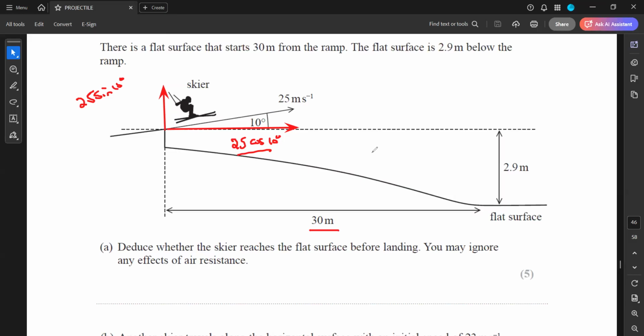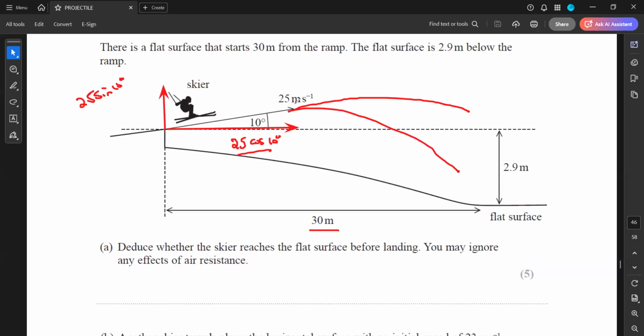Using that time, we'll then find his displacement. After covering 30 meters horizontally, maybe he's here, or maybe he's at this position. We don't know. This is our origin.